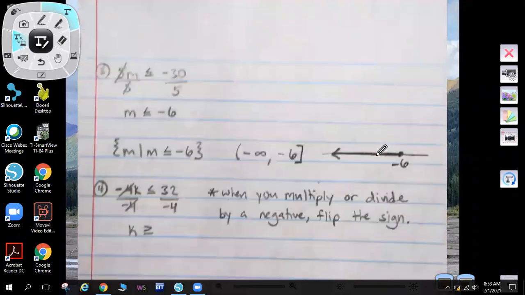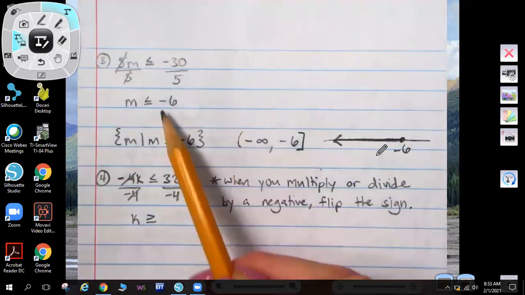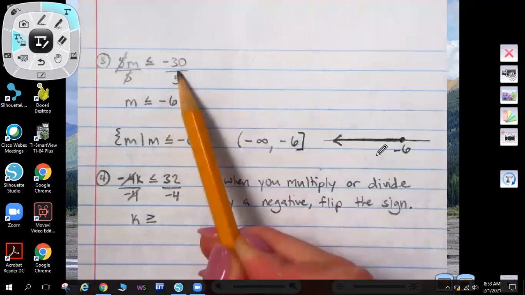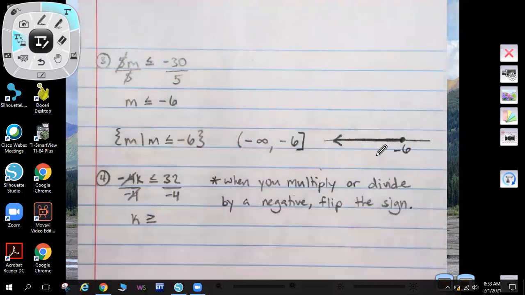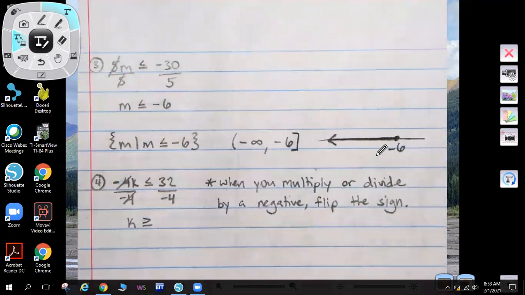So if we look at example 3, even though we ended up with a negative number after we divided, we weren't dividing by a negative number. We divided by a positive 5. So the sign doesn't flip even if your answer becomes negative. It's only if you are multiplying or dividing by a negative.